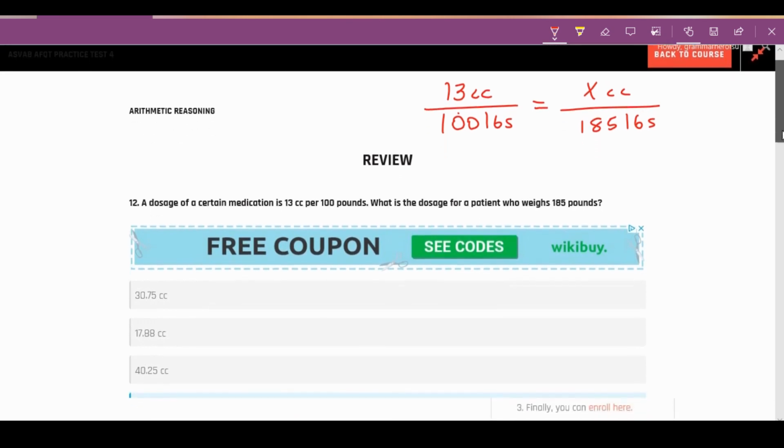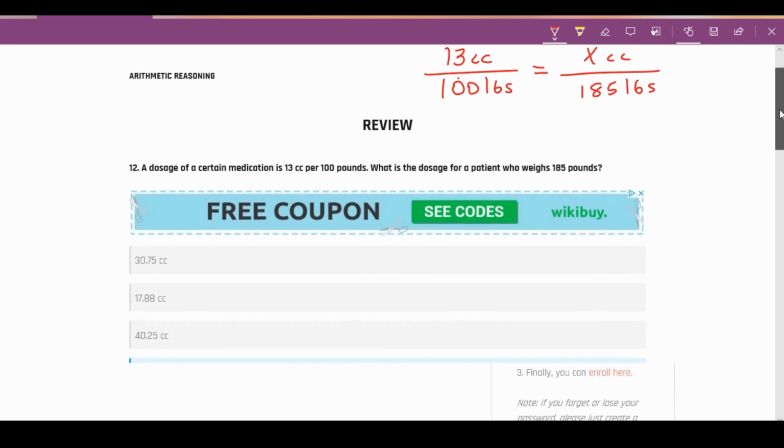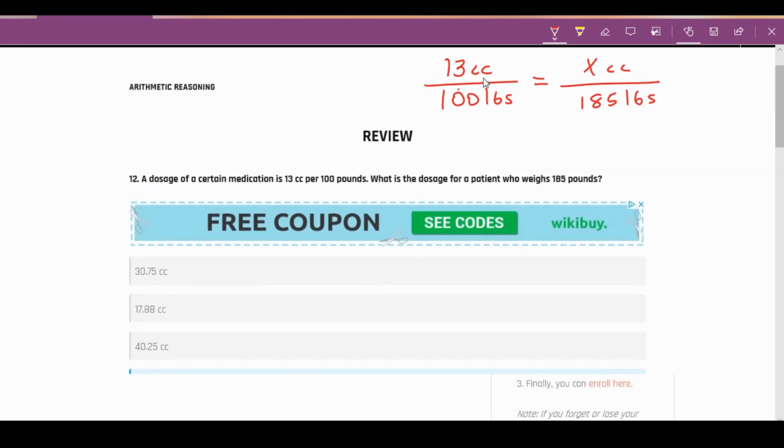And as I did in the previous problem, once we set this up, and again, cc's is in the numerator, and pounds is in the denominator of the proportion, we go ahead and drop the units and just solve the proportion.